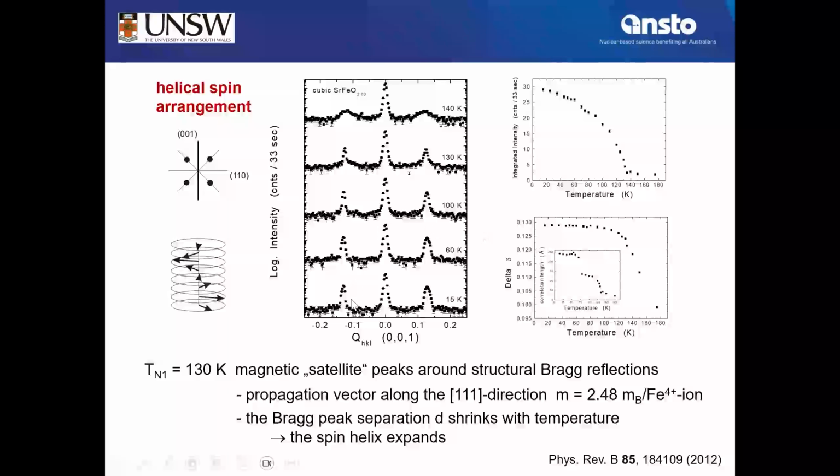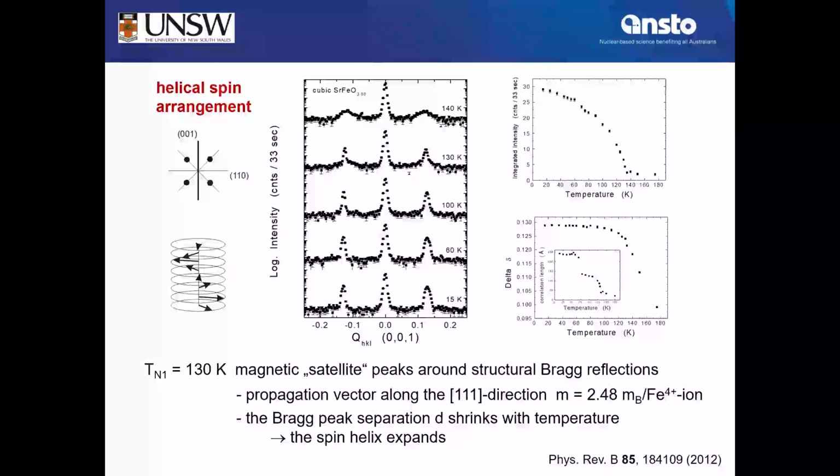We also looked at the splitting delta here at the Bragg peak position of the magnetic Bragg peaks. And that actually starts to decrease close to the magnetic phase transition. And that's actually funny because what happens is the spin helix expands.